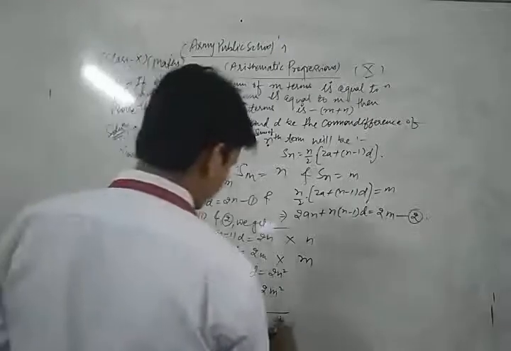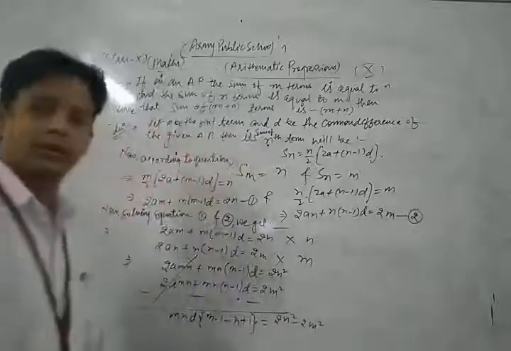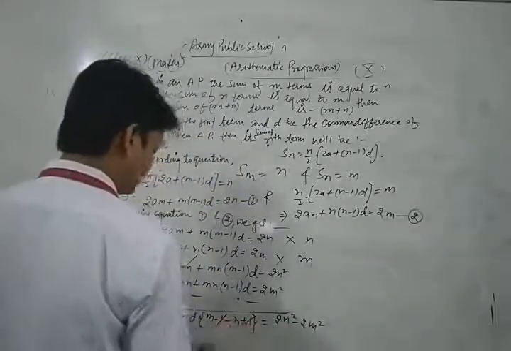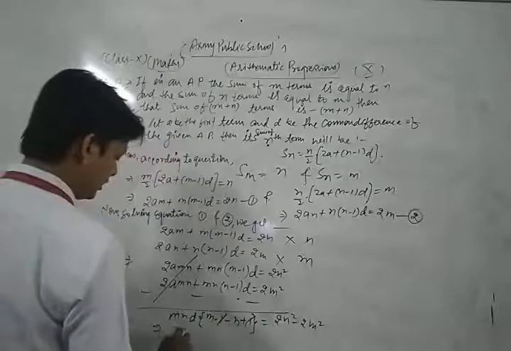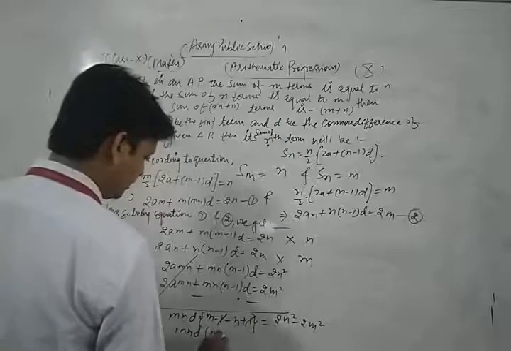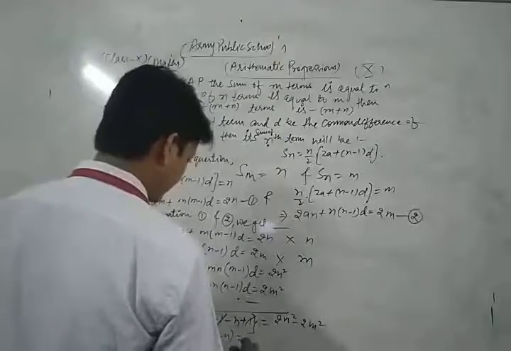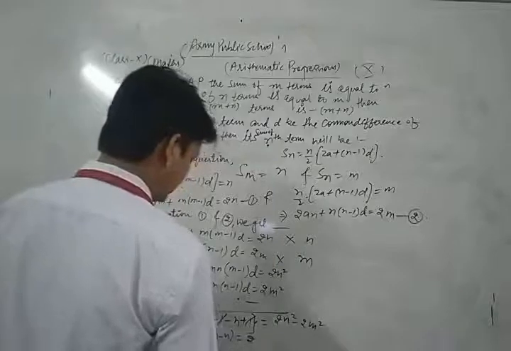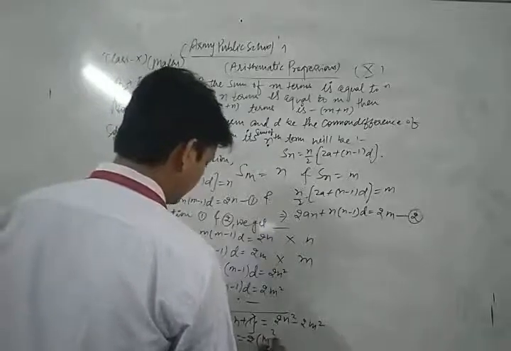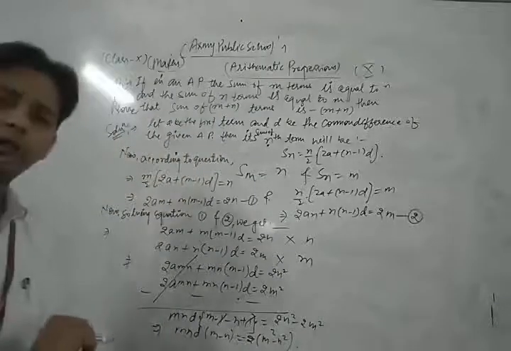Now here this is 2n square minus 2m square. Now we simplify them, the minus 1s cancel to each other, so we get mn into d in bracket (m minus n) is equal to, we take minus 2 as common, so we get m square minus n square.